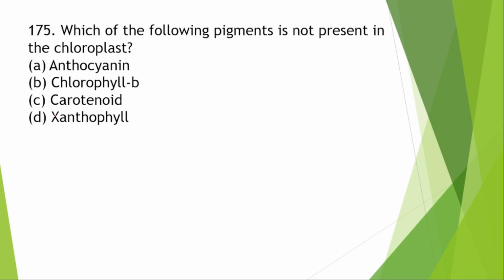Which of the following pigments is not present in the chloroplast? Anthocyanin, chlorophyll B, carotenoids, xanthophylls. Anthocyanin will not be there in the chloroplast, because anthocyanins are water soluble vacuolar pigments that are typically found in the cell vacuole, not in the chloroplast.